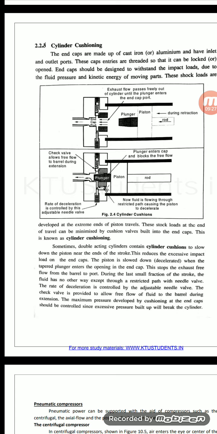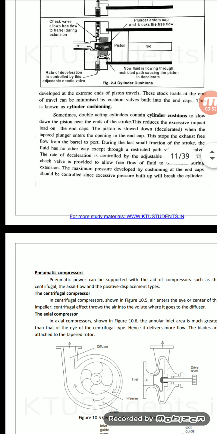This check valve is provided to allow the free flow of the fluid to the barrel during the extension. The maximum pressure developed by cushioning at the end of the cap should be controlled, since excessive pressure buildup will break the cylinder.